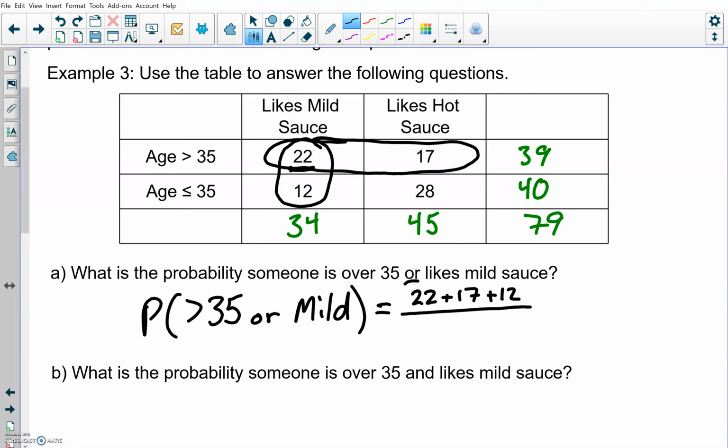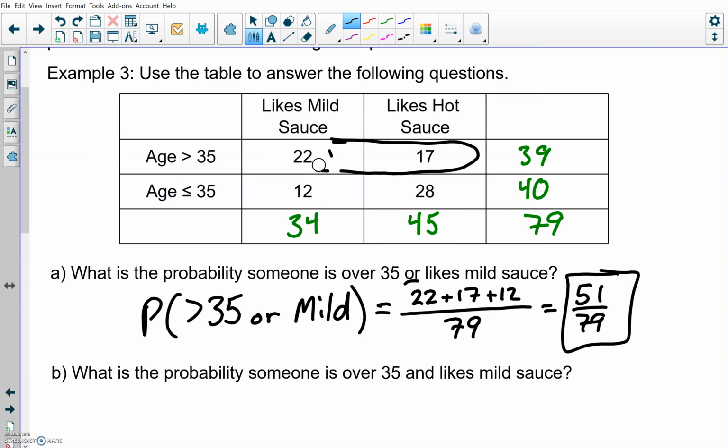And the total in the table is 79. So I'm going to get 51 out of 79 as the probability. With the OR, you want to think: circle a row, circle a column, and add up all the numbers that you ended up circling without doubling any of them. Okay, so that's that example.